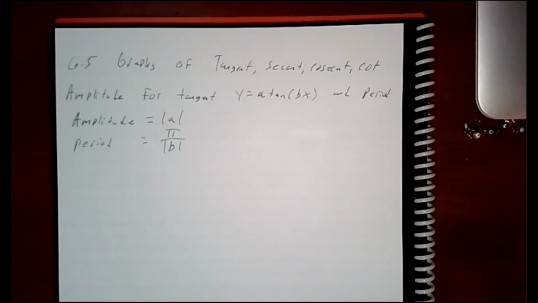And let me double check the secant. Pretty sure those are the same, but just in case. I am paranoid. Yeah. The secant and cosecant are the same as the sine and cosine. The amplitude and the period will be the same. So don't worry about that.